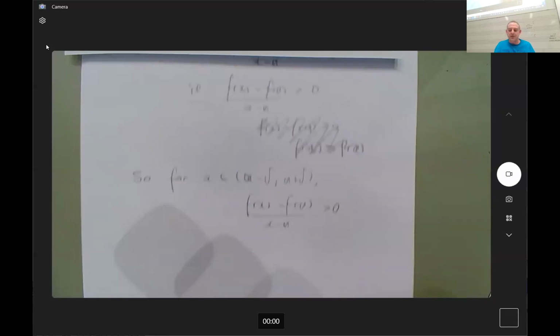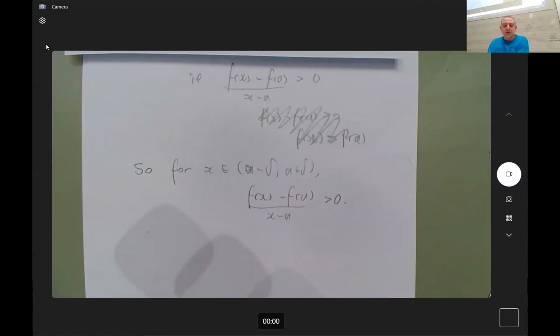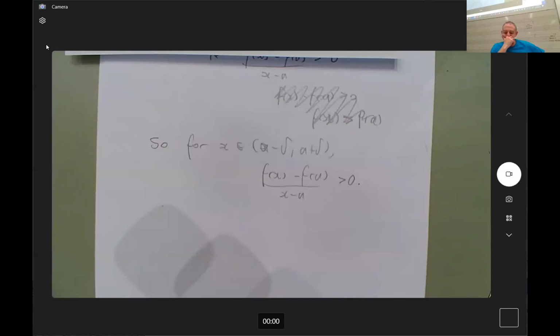We definitely know that to be true, but that doesn't mean it's increasing on this interval necessarily, because all we're doing is comparing to the center of the interval rather than from any point to any other point. Okay, that's okay. We're just comparing to a, right?